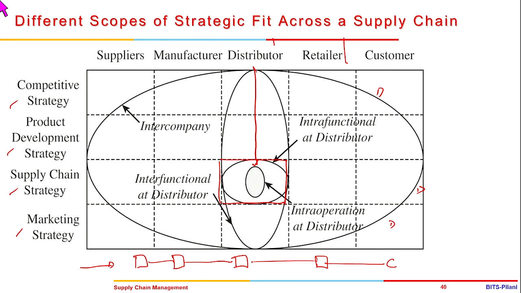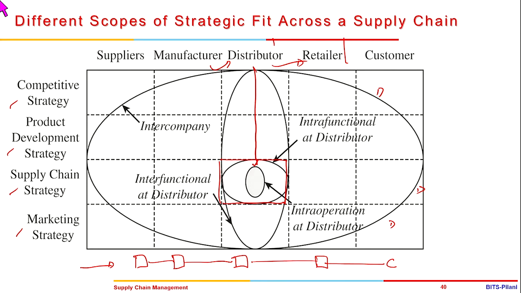So what is the role of the distributor? The distributor is the one who gets goods from the manufacturer and ships them to the retailer. The kind of infrastructure that the distributor puts in affects its costs and also its responsiveness to the retailer.